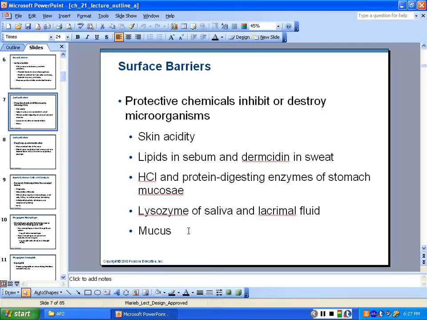So if we're talking about the respiratory tract, which you already had a little bit of lab on this, tell me what kind of epithelium lines the trachea? Pseudostratified ciliated columnar epithelium. It's got the cilia. Which way do they push? Up.